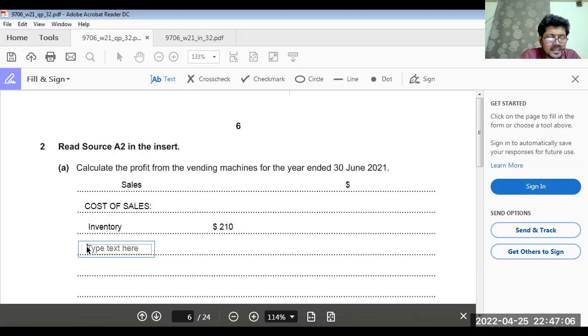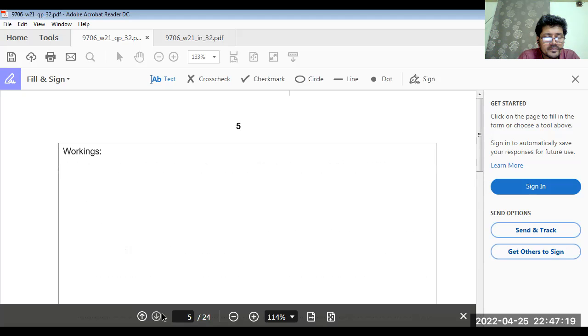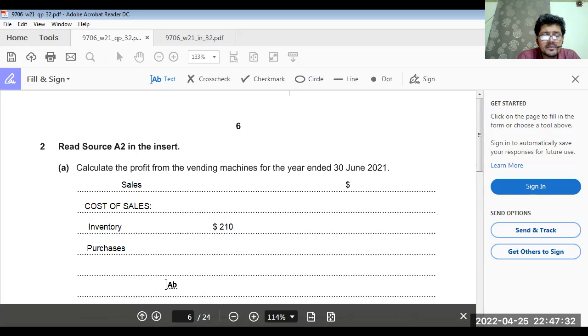Now purchases. Because we are not given the amount of purchases here, we have to calculate the amount of purchases using these values.